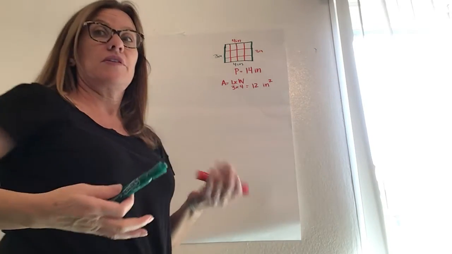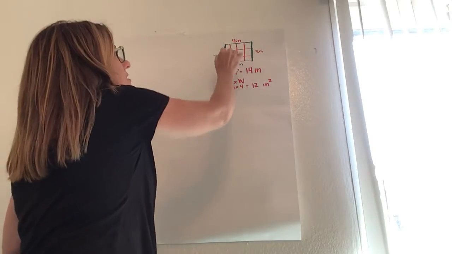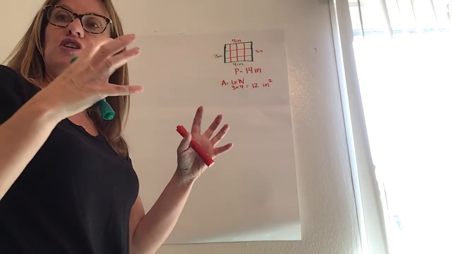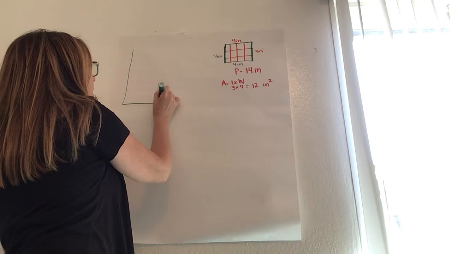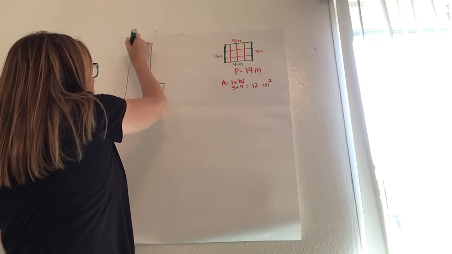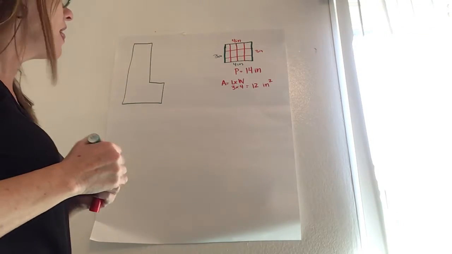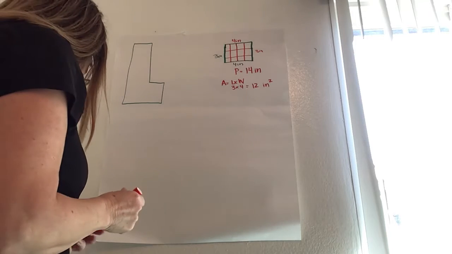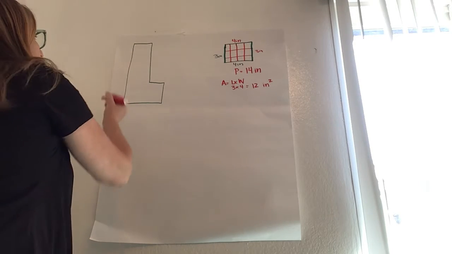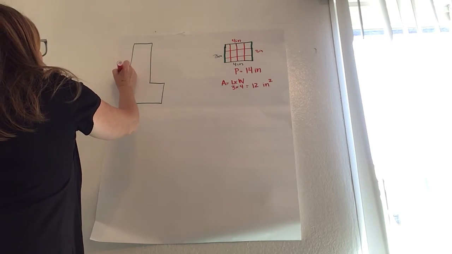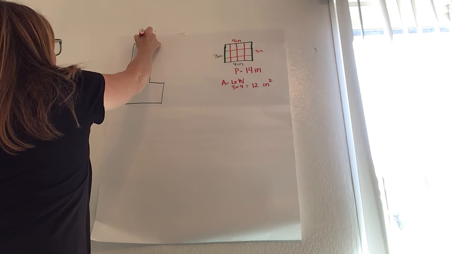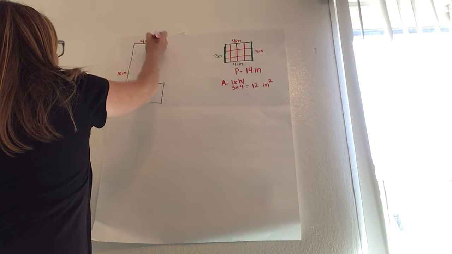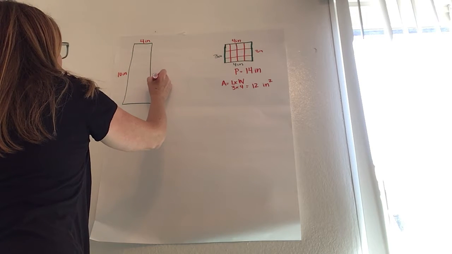A complex figure, it is not even. It's kind of like different shapes put together. So if I had something like this, okay, that big L, and I give you some of the measurements. So let's say this is 10 inches, and this is 4 inches, and this is 4 inches.